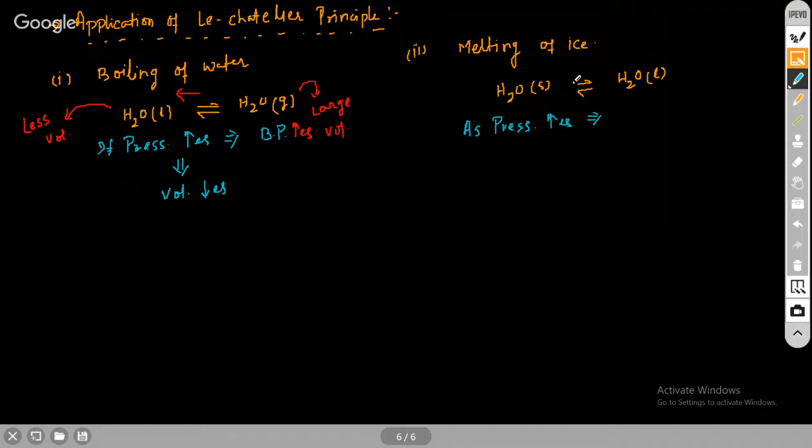Pressure increases, freezing point decreases. Yeah, that's correct. Freezing point decreases means forward.